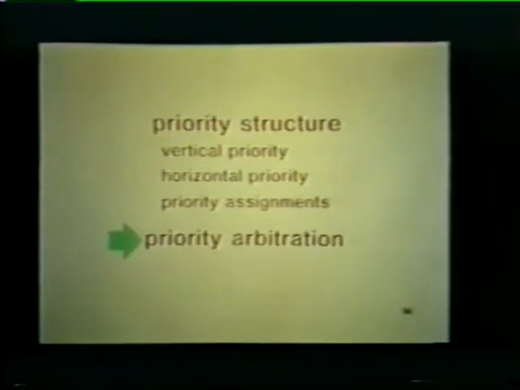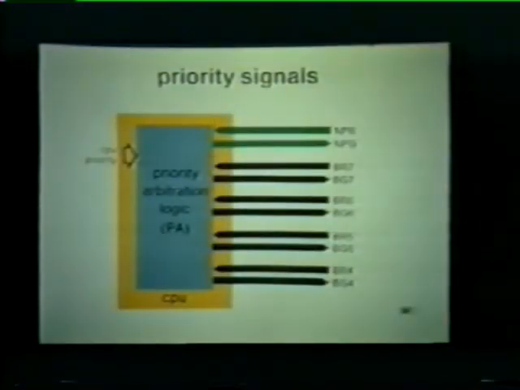Now we're going to look at priority arbitration. All request and grant lines, NPR, NPG, BRs, and BGs, connect to the priority arbitration logic. Remember that we may have a number of devices on the Unibus, each with its own priority. When more than one device wants the bus, we must have a way of deciding who gets the bus, based on our priority structure.